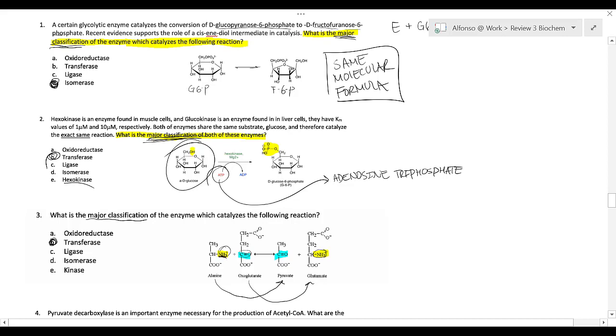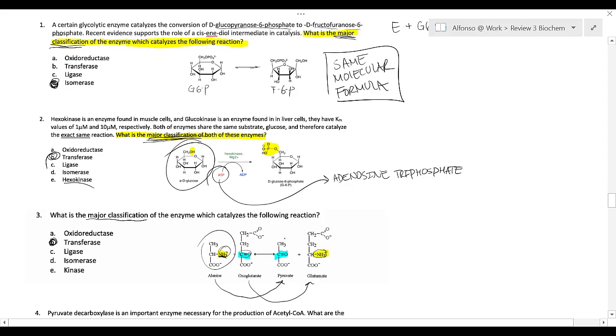So just like it happened here with ATP, where one of the phosphates was given to alpha-D-glucose, the same thing happened here. The ammonia from alanine was transferred from alanine to oxoglutarate, and by doing that, oxoglutarate was converted into glutamate, and subsequently alanine was turned into pyruvate. So for that reason, the answer for number 3 is B.